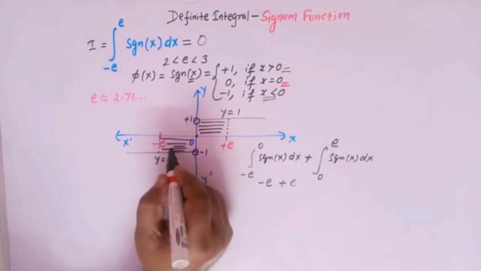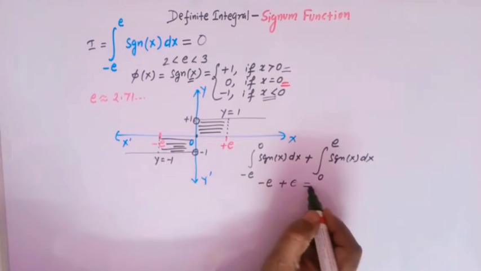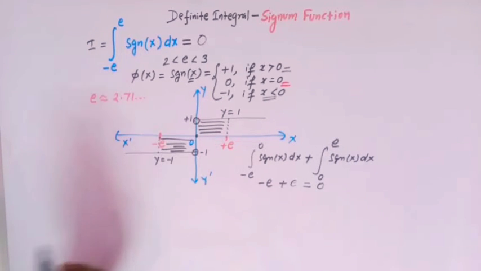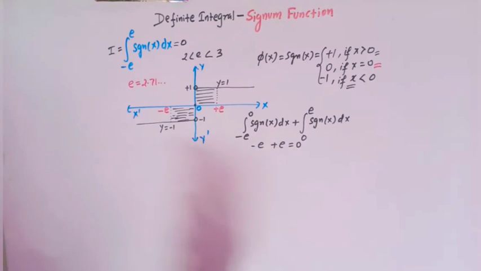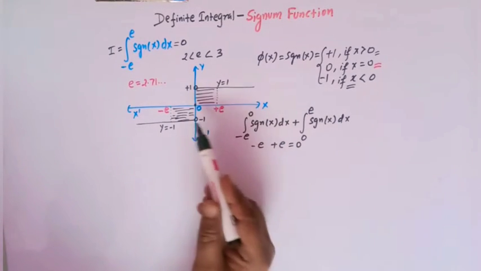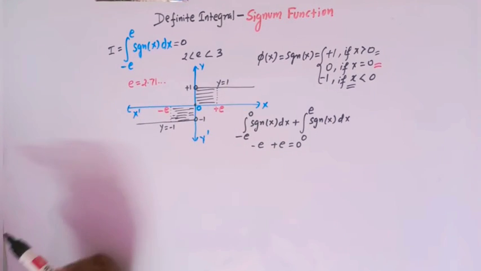And see, these two areas cancel, and we have the total area as 0, right? So now viewers, there is another way of looking at this diagram.